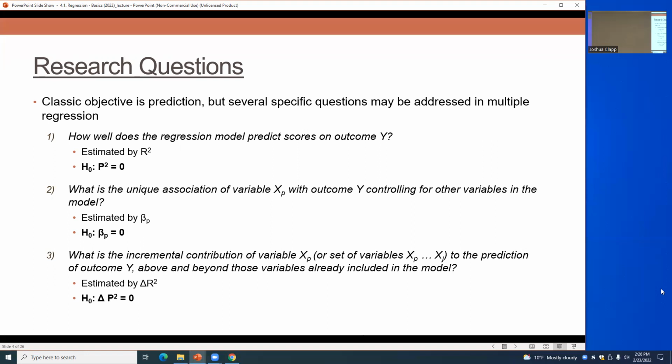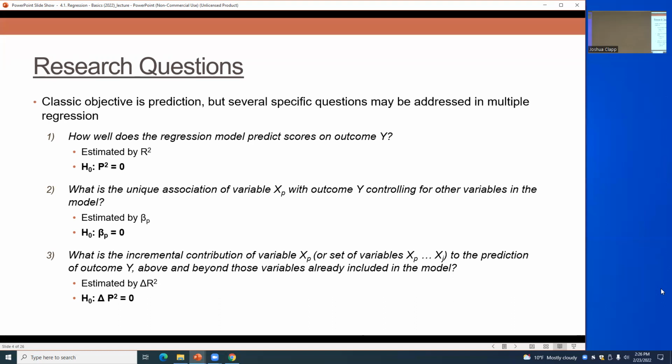Last question here. If we're getting fancy, we can ask, what's the incremental contribution of variable P or set of variables P through J to the prediction of an outcome above and beyond those already included in the model? Let's say that, based on existing literature, we know that 1, 2, 3 are our standard predictors of our outcome.